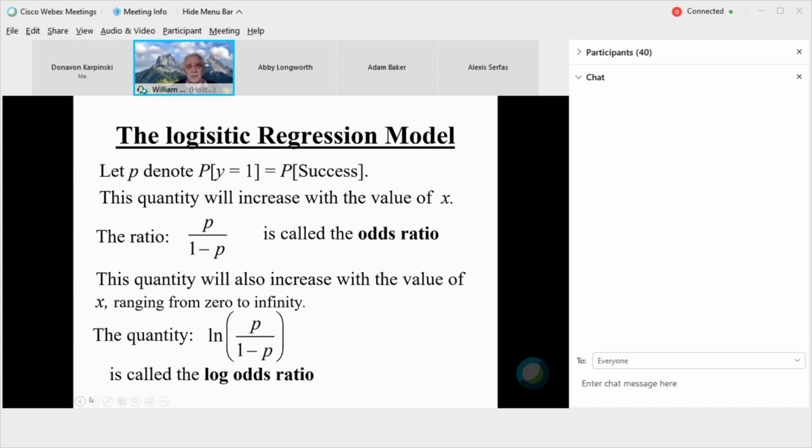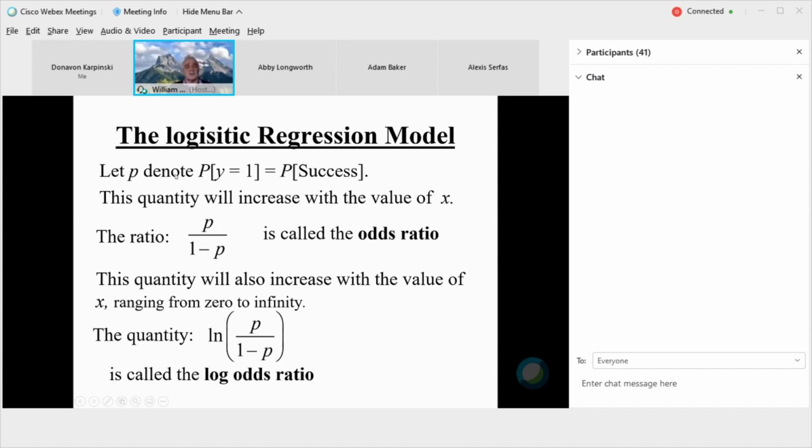The ratio P over 1 minus P is called the odds ratio. It's the number of outcomes resulting in a success over the number of outcomes resulting in a failure. This quantity will also increase with the value of x. This will go from 0 to infinity.